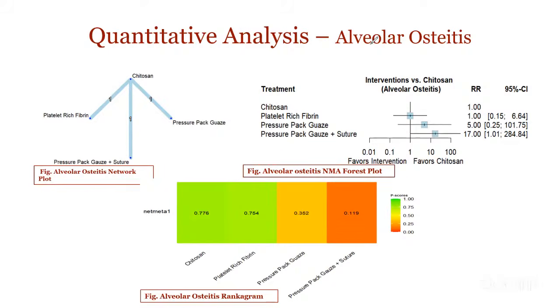However, for the risk of alveolar osteitis in our case, chitosan was the best one, followed by platelet-rich fibrin. Platelet-rich fibrin is a blood product where you collect the blood from the patient and you centrifuge it, and then you collect the platelets and place them in the socket, which has growth factors that might enhance the healing as well and reduce the pain.